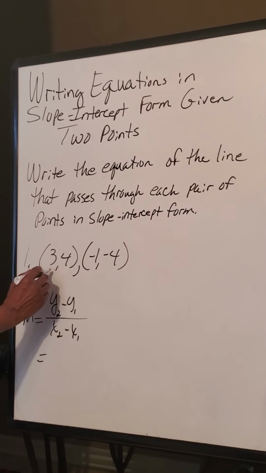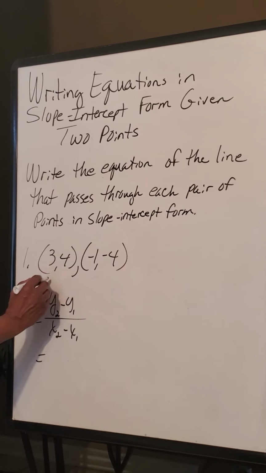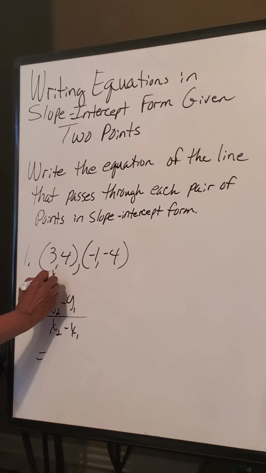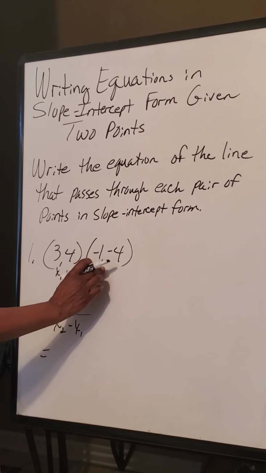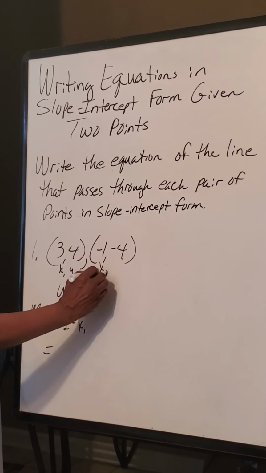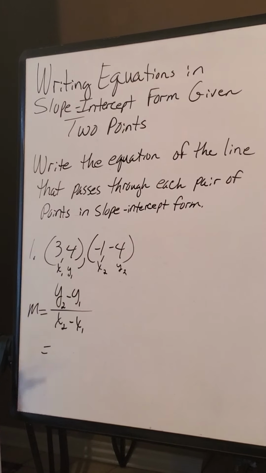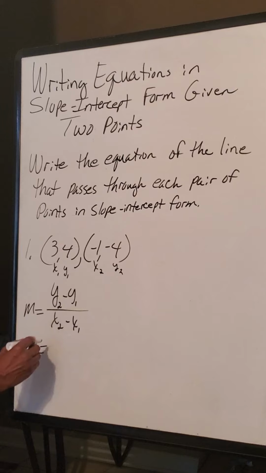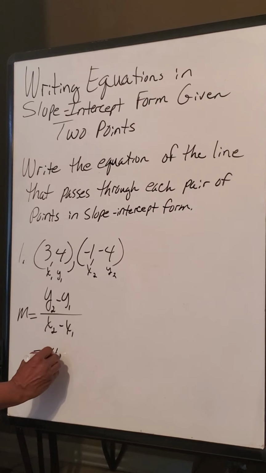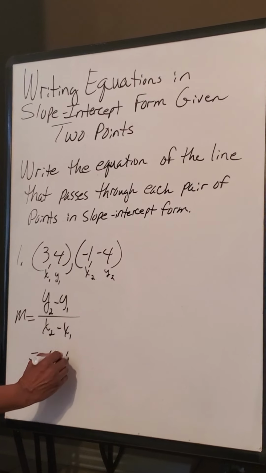I'm going to substitute. As I substitute, remember, some of you may need to label these. This is my first ordered pair, so that's x sub 1, that's y sub 1. This is my second ordered pair, that's x sub 2, that is y sub 2. I'm ready to do my substitution. In the place of my y sub 2, I'll put a -4 minus my y sub 1, which is 4.